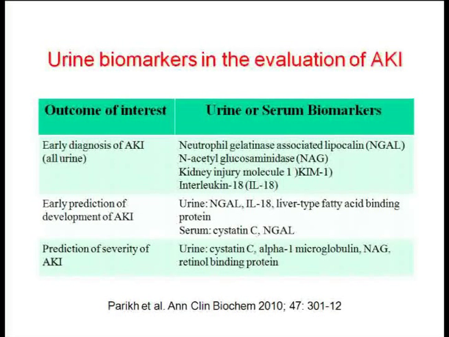Now, this is definitely not going to be on the boards. It's an evolving area of biomarkers. I quote here the most recent review. This is done by my colleague Chirag Parikh. Biomarkers for acute renal failure are substances measured either in the urine or in serum, trying to detect acute renal failure earlier or trying to detect the risk of acute renal failure.